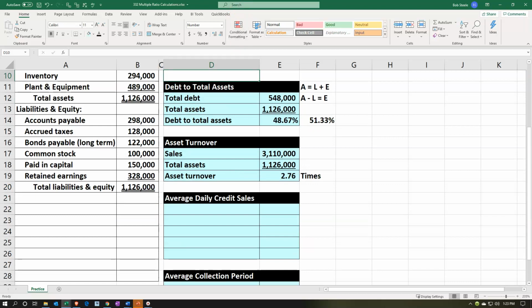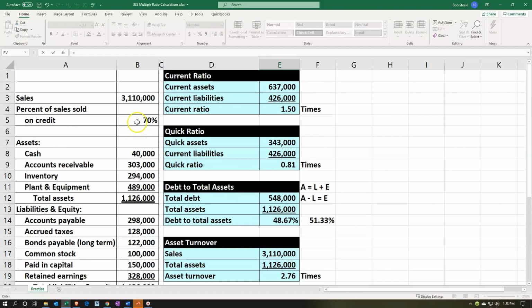So what we're going to do is think about what our credit sales are. And then we can break the credit sales down to the daily sales to then calculate the average collection period. So to do that, the sales are total sales. This is an income statement item, $3,110,000.